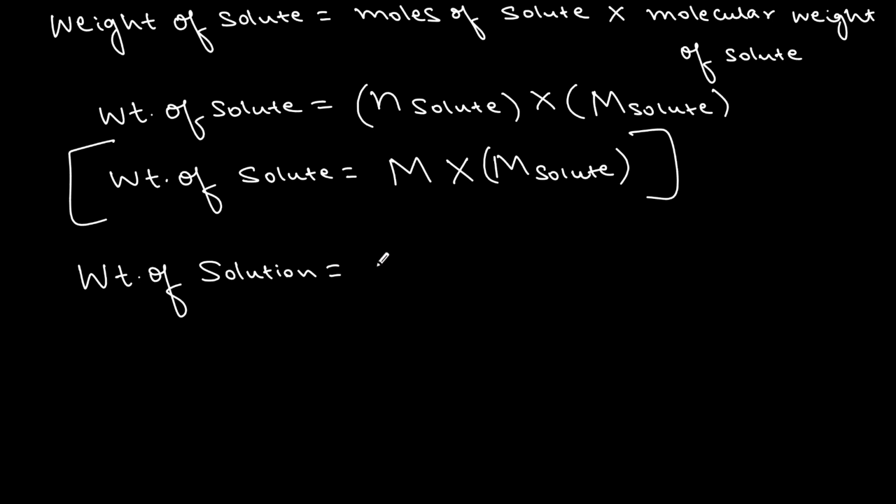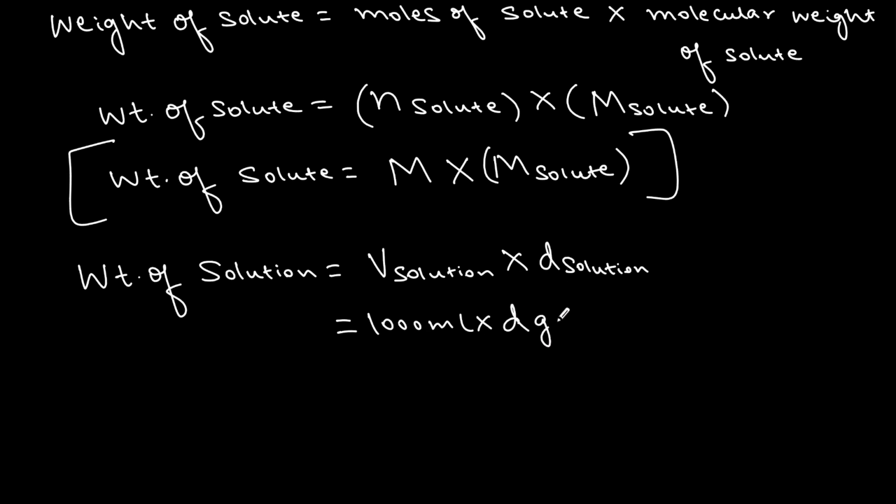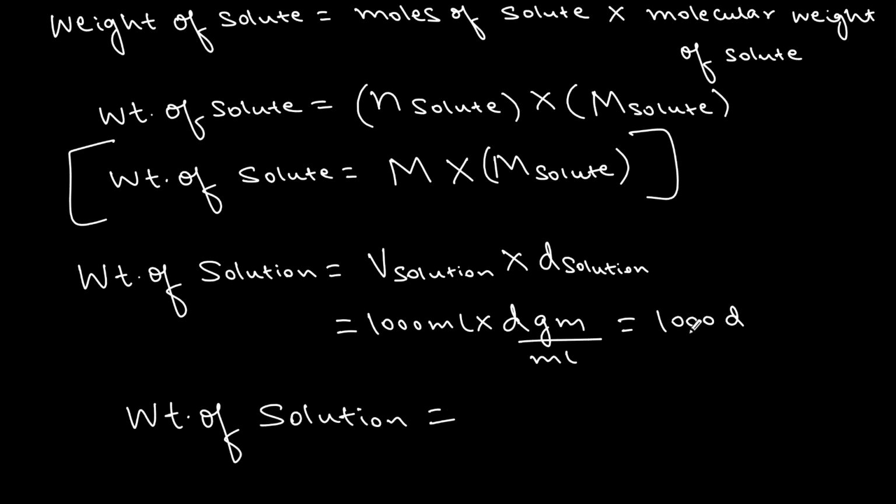We know that weight of solution is volume of solution multiplied by density of solution, right? Volume of solution is given as 1000 ml. Density of solution is small d gram per ml. It will come out to be 1000 d grams. So weight of solution is 1000 d and weight of solute is molarity times molecular weight of solute.